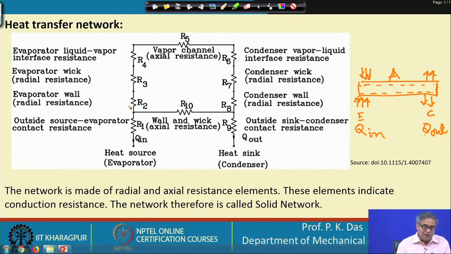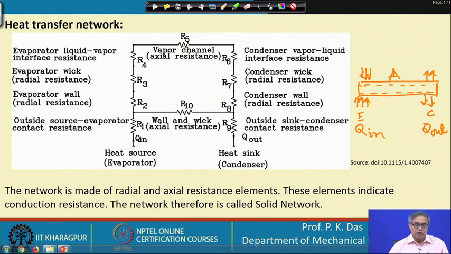So, this elaborate path, how the heat is moving: evaporator wall. From the evaporator wall heat is moving in the radial direction, then evaporator wick. So, this heat has gone to the evaporator wick, that is also in the radial direction. Then it has gone to the evaporator liquid vapor interface, again in the radial direction, and then through the vapor channel, through the vapor, there will be some sort of axial conduction.